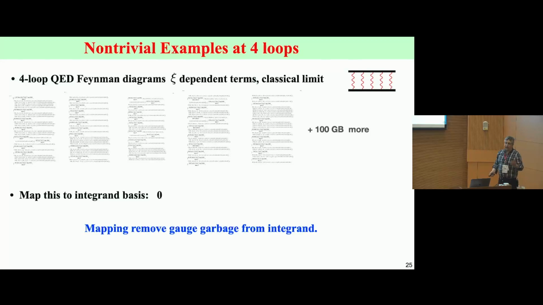So we know what the answer is, 0. So you might say, okay, does your method give you 0 if you do the mapping of the integrand? You map the integrand to the unique basis, this thing should be 0. Indeed, we did that, yes, it's 0. So it's like garbage removal. Gauge garbage gets removed from the integrand.